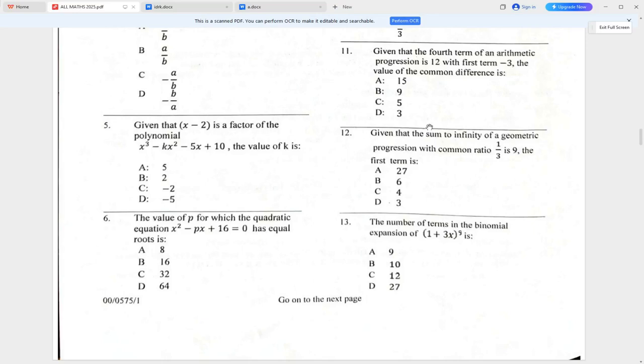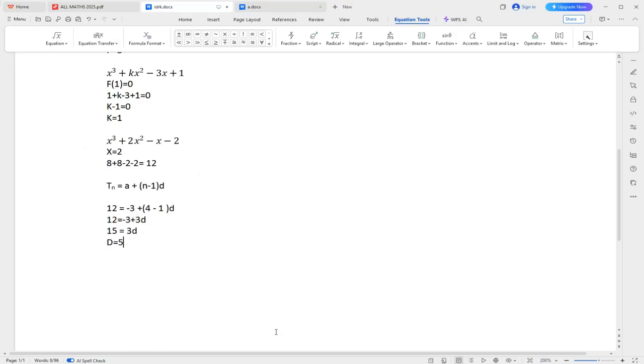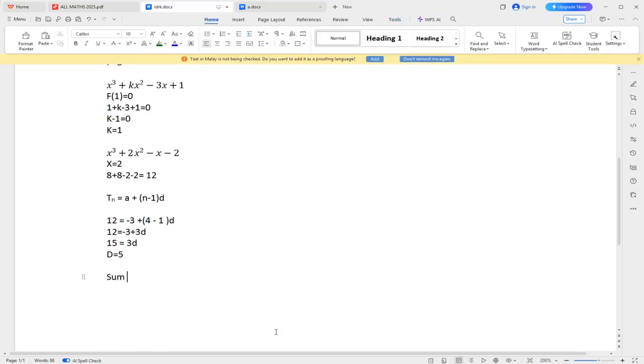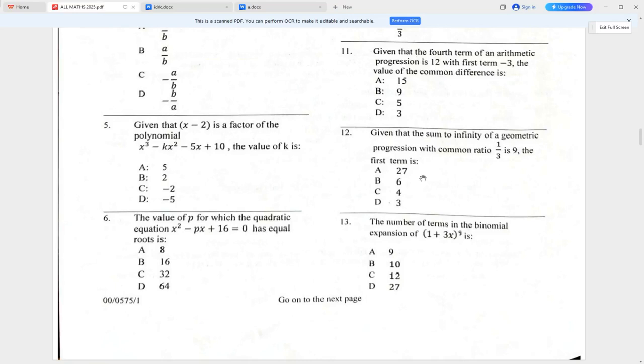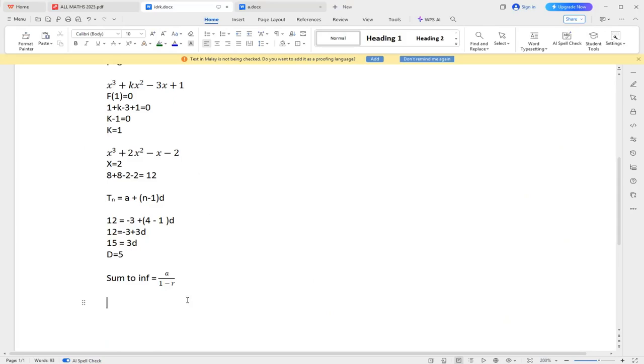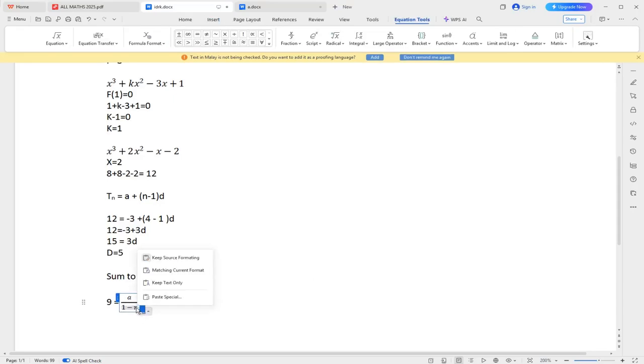Now question 12. Given that the sum to infinity of a geometric progression with common ratio 1/3 is 9, the first term is? To do that, we have the sum to infinity of a geometric progression is equal to a over 1 minus r, where a is the first term and r is the common ratio. Now from the question, the common ratio is 1/3 and the sum to infinity is 9. So here we have that 9 is equal to a, the first term which we are looking for, over 1 minus the common ratio 1/3.